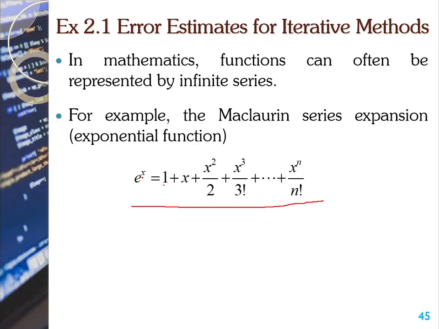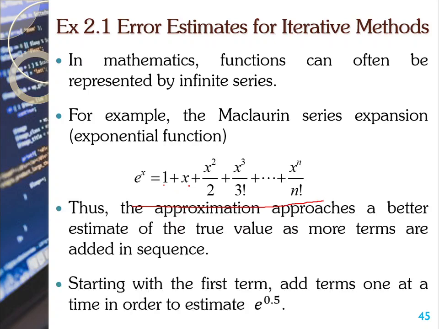After that, we take e^x equal to 1 plus x. That is, we take the first two terms and do it gradually, and we see how the errors propagate as we move forward. In reality, even without going through it, you can have the idea that when you would like to estimate e raised to a certain power, the more terms you include, the better your estimate of the true value becomes.